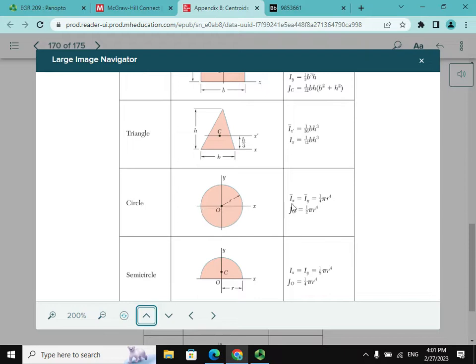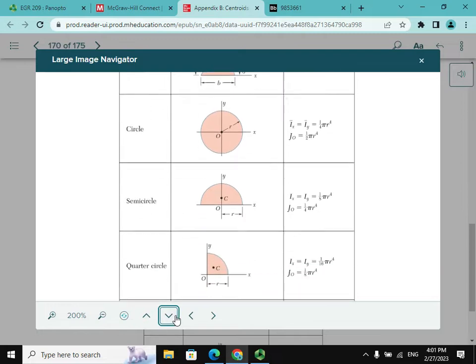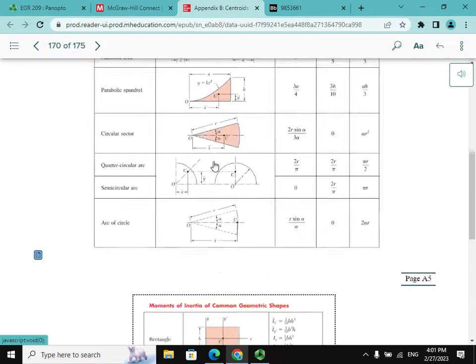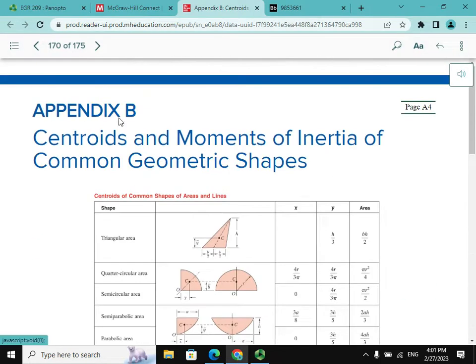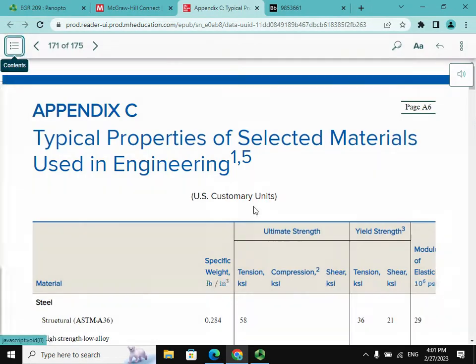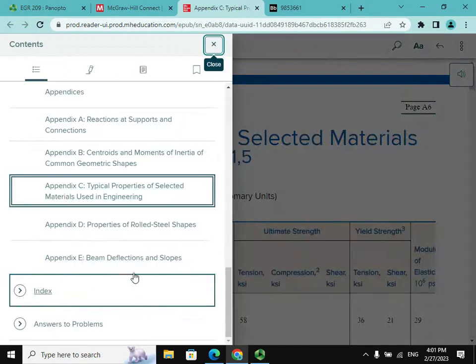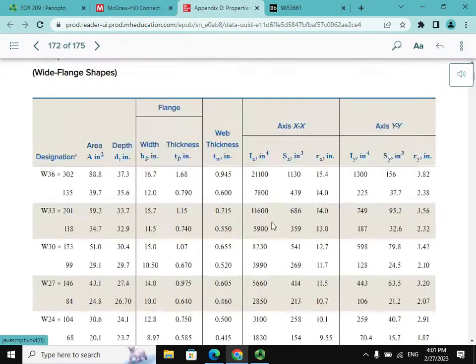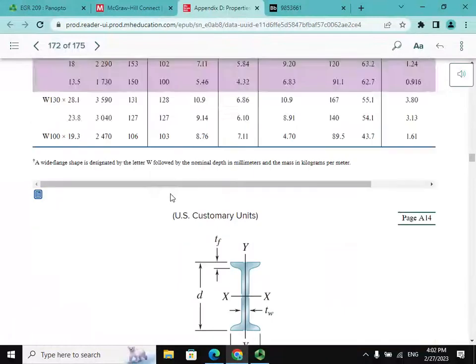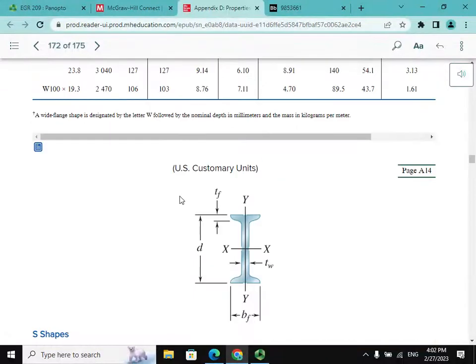And for the circle, I showed the half circle, quarter circle, and ellipse. These are common shapes, and I showed you the commercial catalogs with selected rolled steel shapes you may see in the market. If you look at manufacturer catalogs, they have a large variety and a large list of tables.